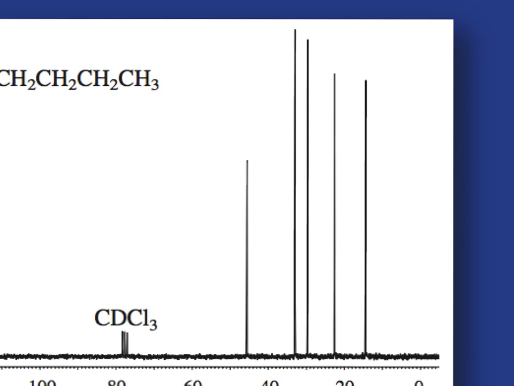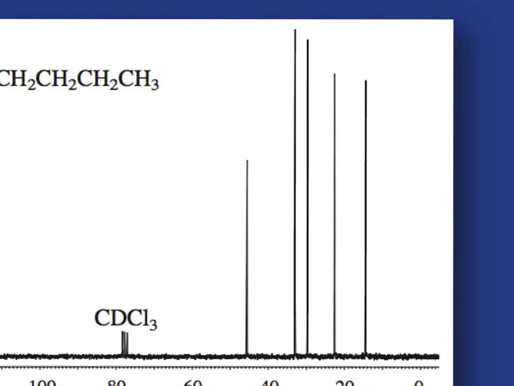One big thing that you should notice right off the top is they do not split. You would think that if this was similar to the proton NMR, you would say, oh, one carbon touches two carbons, so maybe it's going to be a triplet or something like that. They just don't split like that.